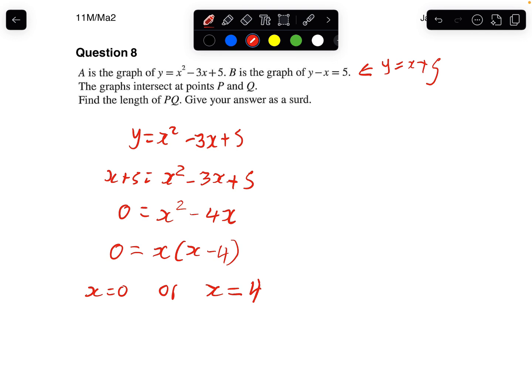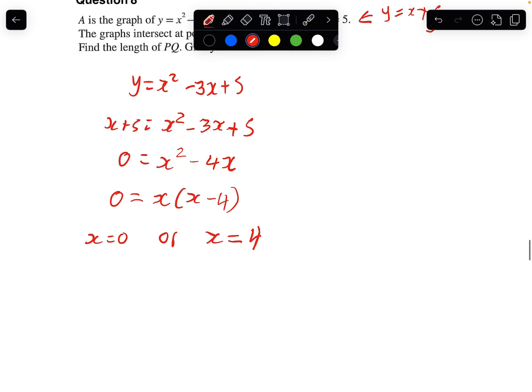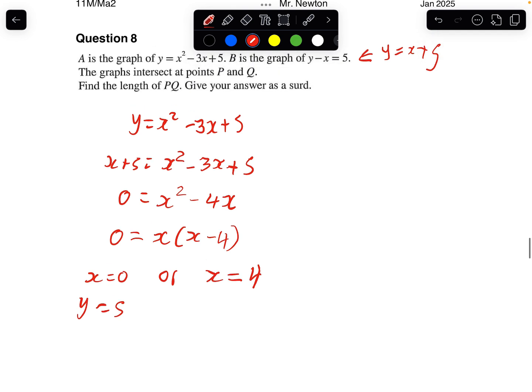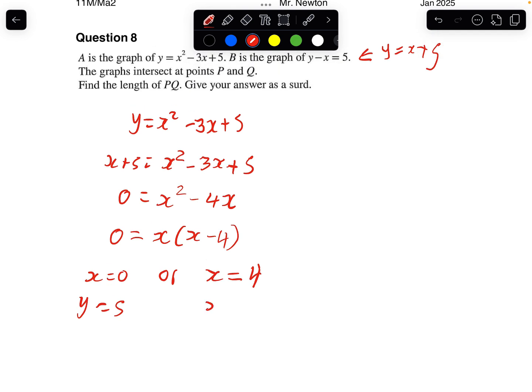I can now sub these points into this graph. So I can say when x is 0, y is going to be 5. And when x is 4, y is going to be 9. If you want to be really safe about your answer here, you can now sub both of these into this one here and see if you get the same.